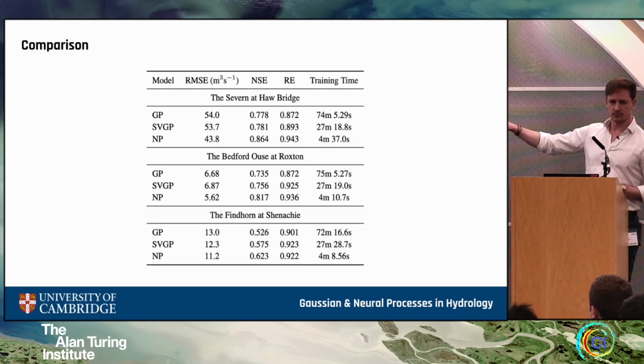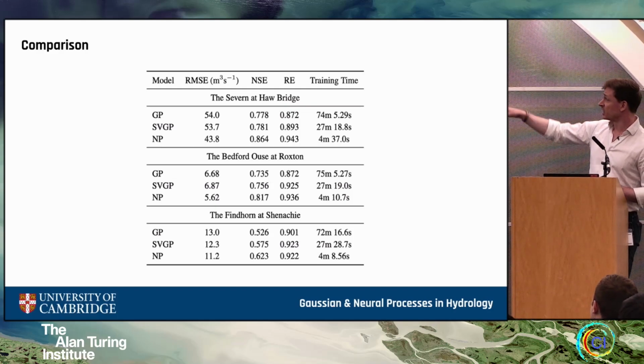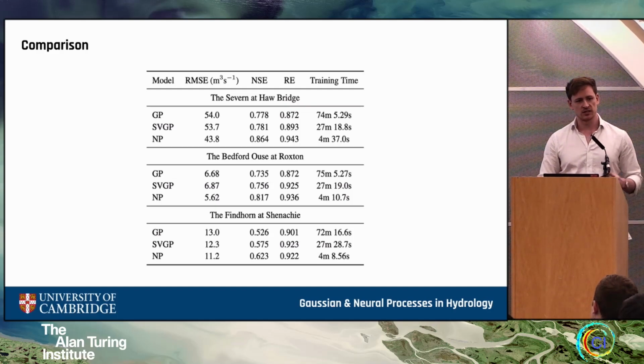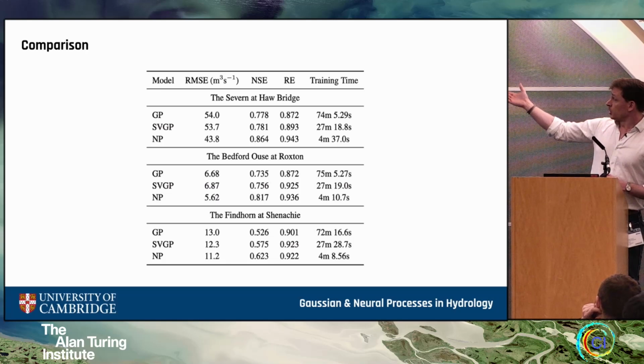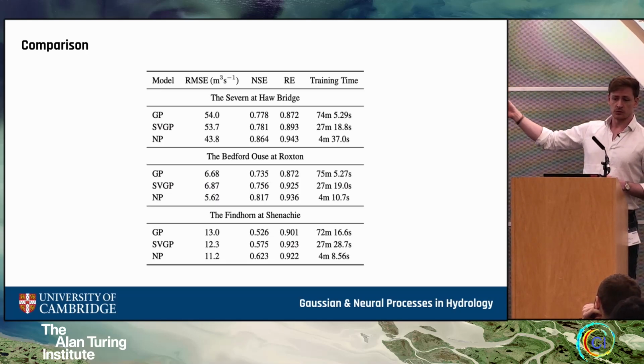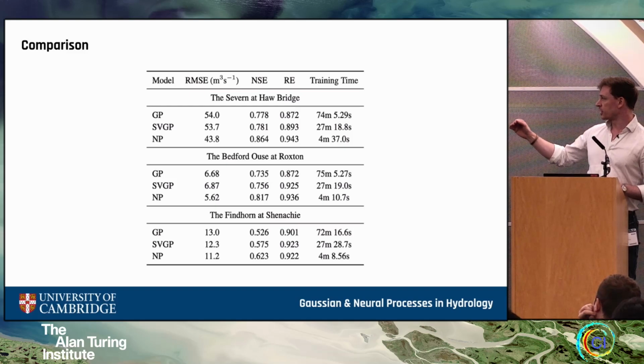So this is just a giant table. I know people hate them in presentations, but as you can see, the NSE, which is a standard metric in hydrology for assessing the performance of hydrological models, is pretty good for all 3 models for both the Severn and the Bedford Ouse, but less good at the Findhorn.